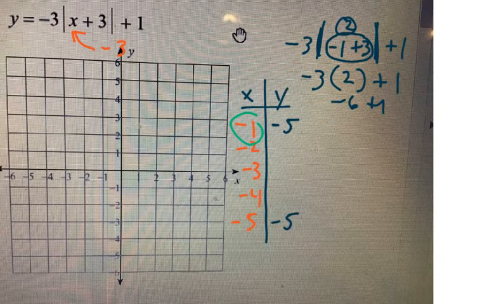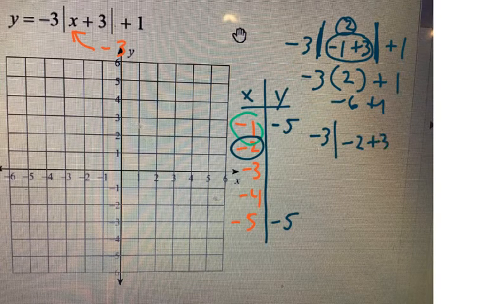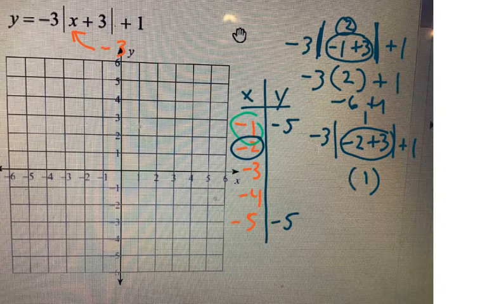All right, let's go on to the next number, negative 2. So let's plug in that negative 2. Negative 2 and 3 is 1. The absolute value of 1 is still 1. Now I'm finally multiplying by negative 3 and adding the 1. Negative 3 plus 1 is negative 2.